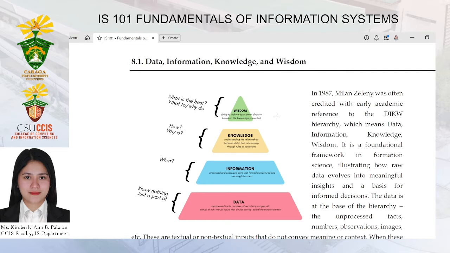Below wisdom, we have knowledge. The questions commonly asked here are how and why. Because at this level, we understand the relationship between data, the relationship through rules or conditions. And below knowledge, we have information. At this level, we ask the question, what?